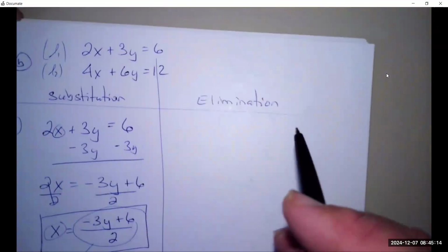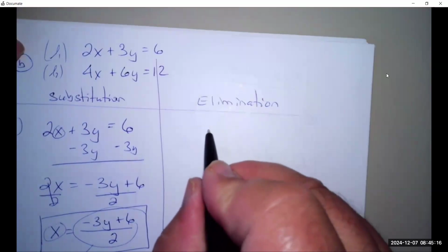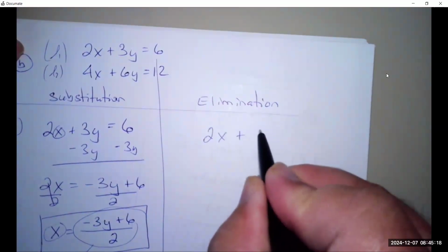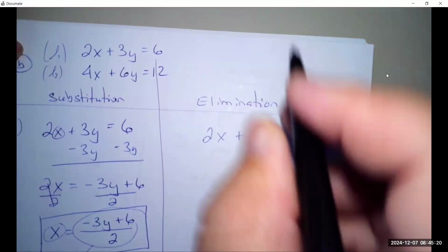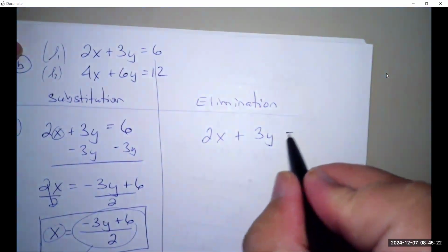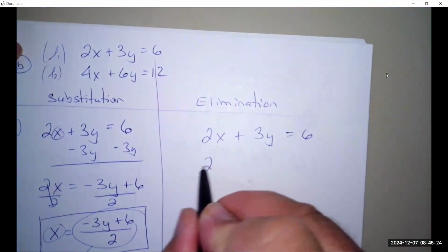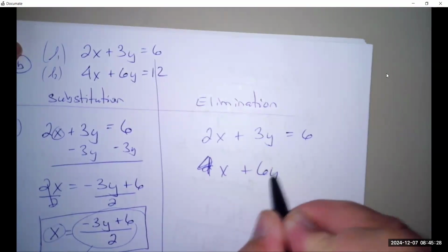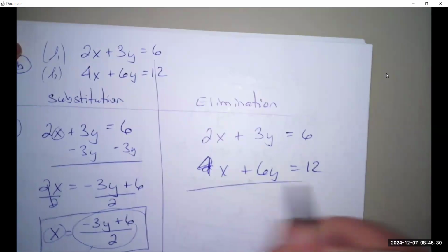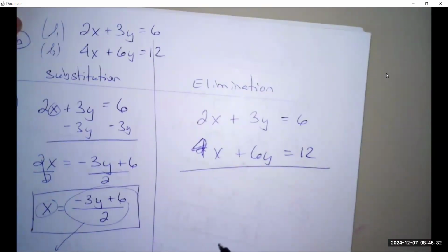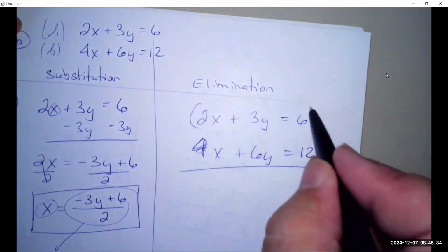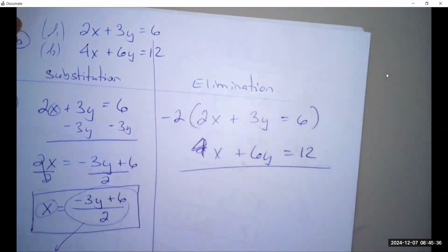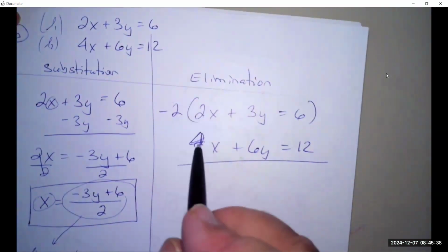It's more evident here in elimination. We have 2x plus 3y equals 6, and 4x plus 6y equals 12. Let's get rid of the x. So we have to multiply by negative 2 to get the negative 4.